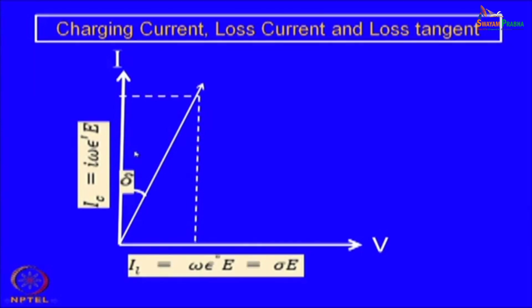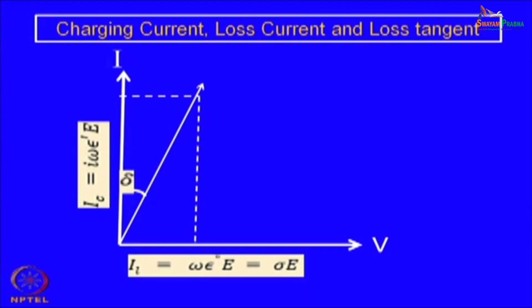This is what we call the loss angle, and this is normally small. If the loss current is more, then this will be more inclined and the δ will increase. So, the higher the loss current, the higher the δ, and likewise the higher the conductivity, the higher the δ. So, δ is actually a measure of the loss of energy which is conducted away through the dielectric.